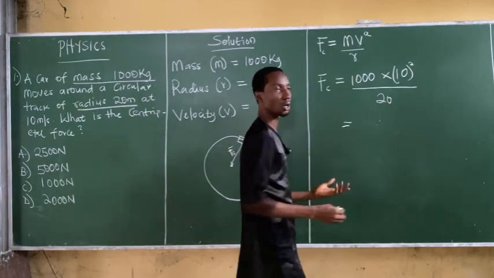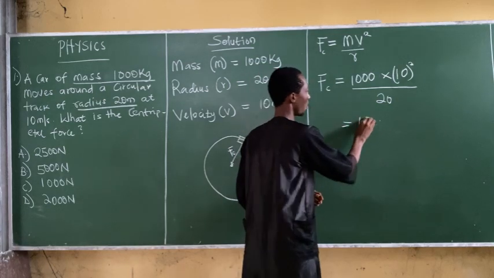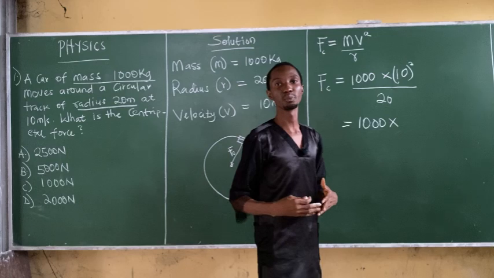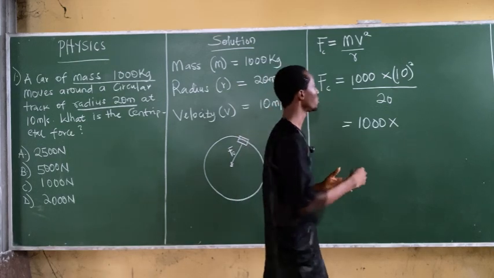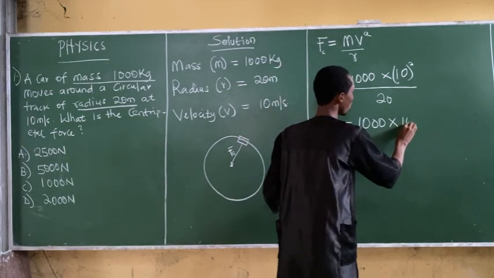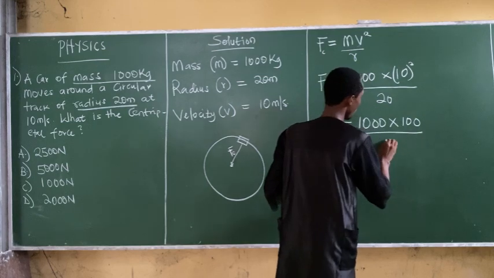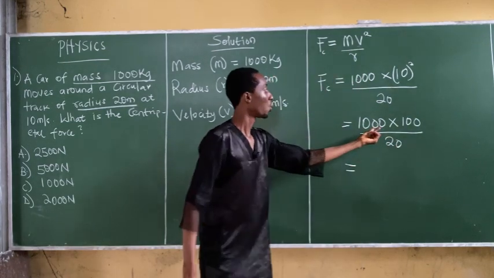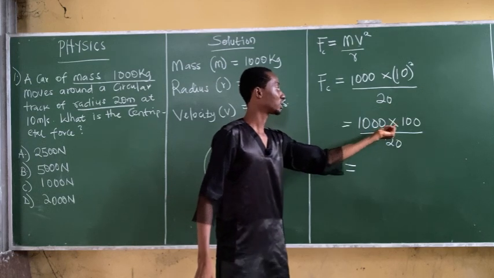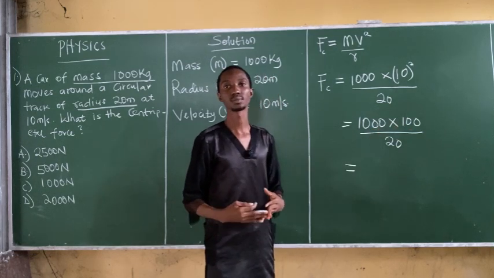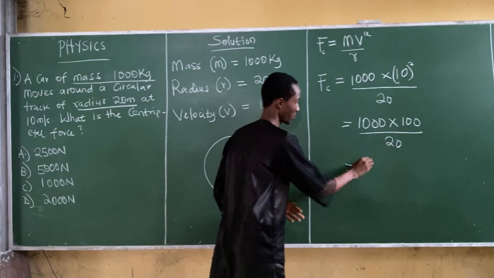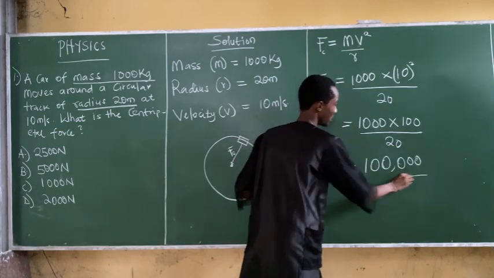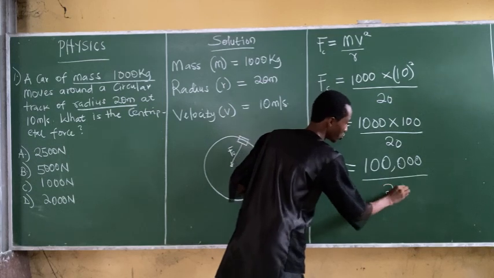Now, if we use our calculator, we have 1000 times 10 squared. 10 squared is 10 times 10, which is 100, divided by 20. 1000 times 100 will give us 100,000 divided by 20.